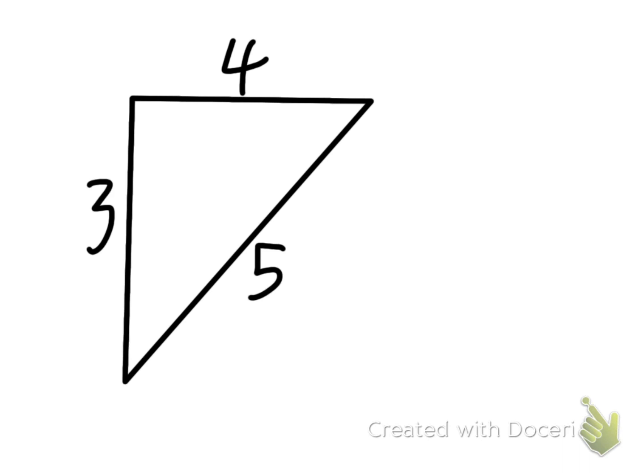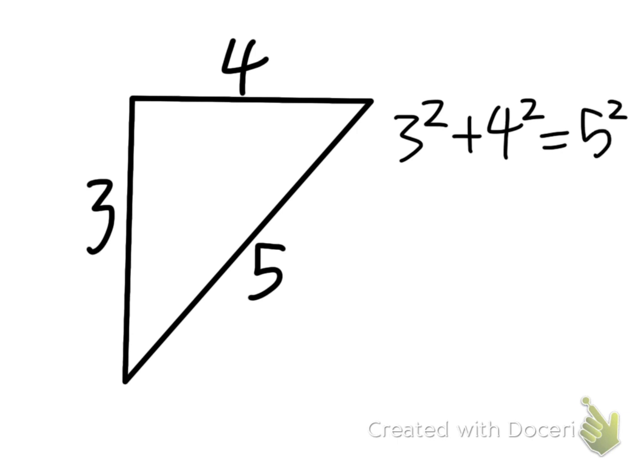Since all of the side lengths are given, I'll plug them all in with the hypotenuse plugged into the variable c as always, and the values for the legs plugged into the other two.